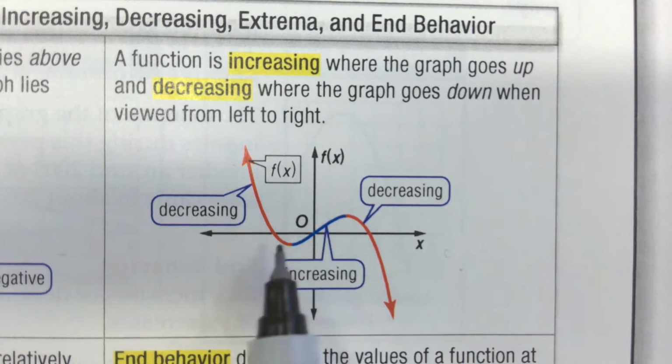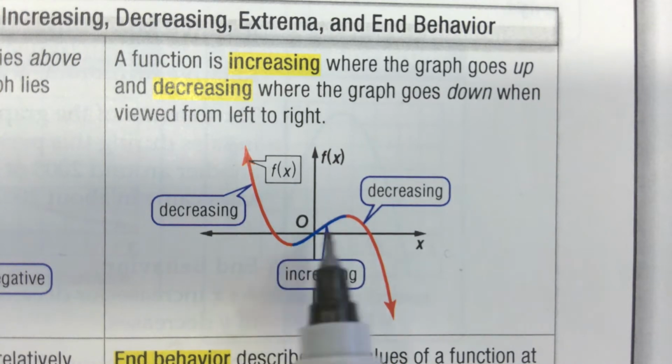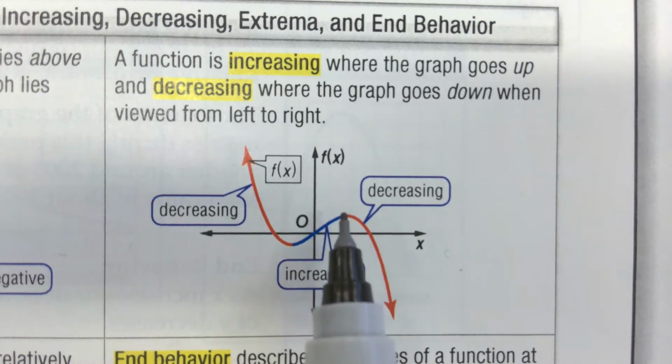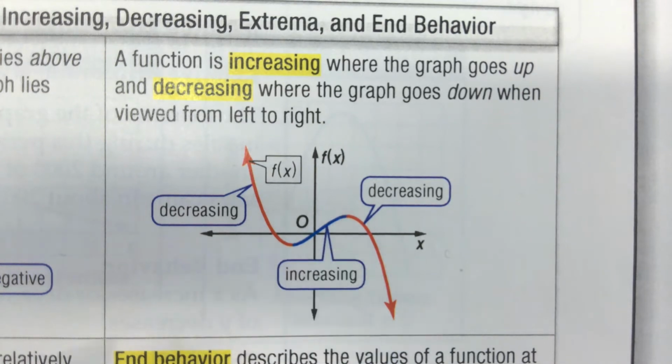The blue lines are increasing because from left to right, they're going up. Does that make sense? Graphs are always read left to right, no matter what the circumstance is.